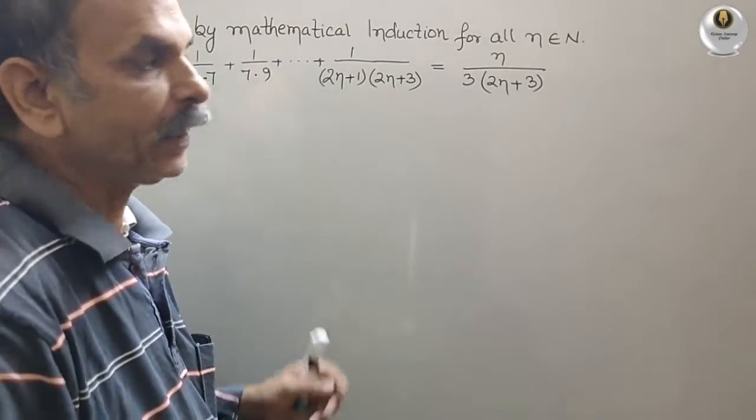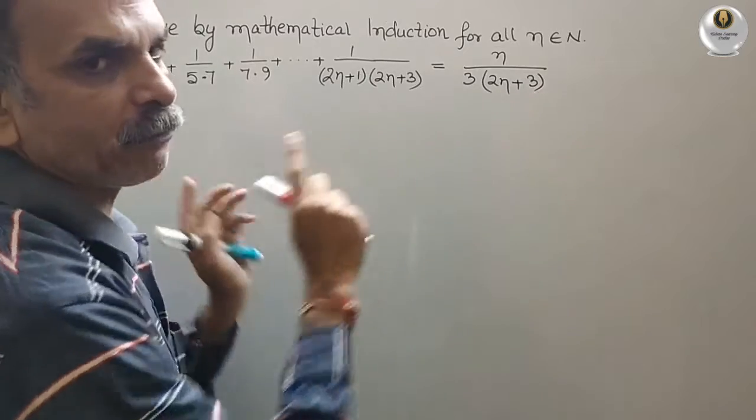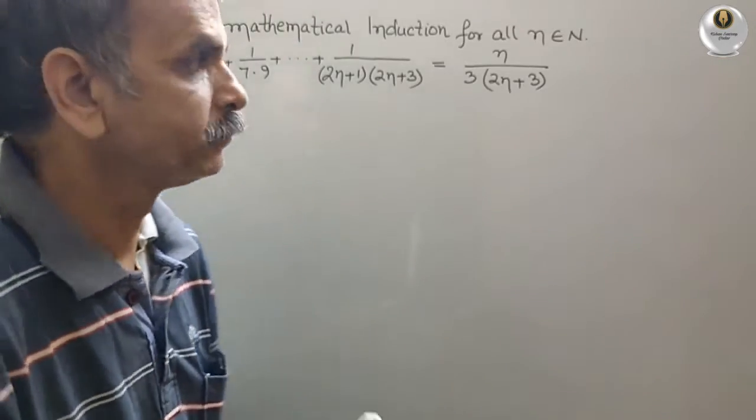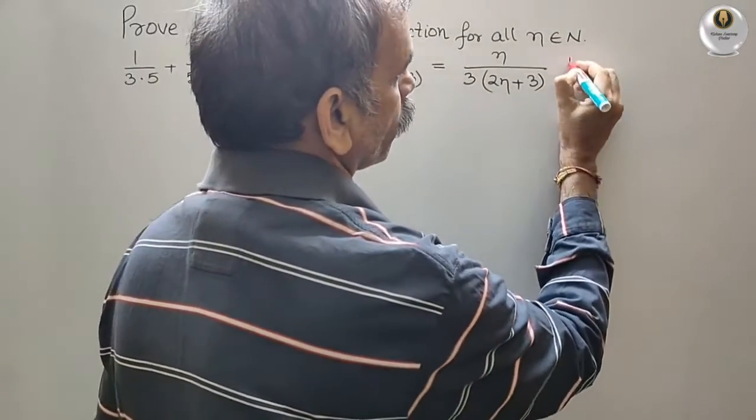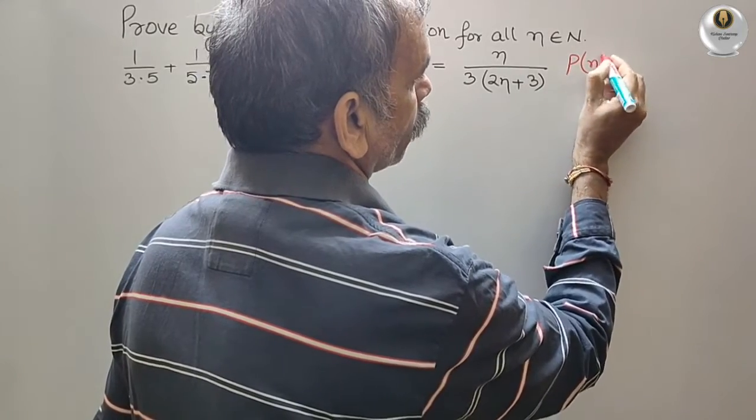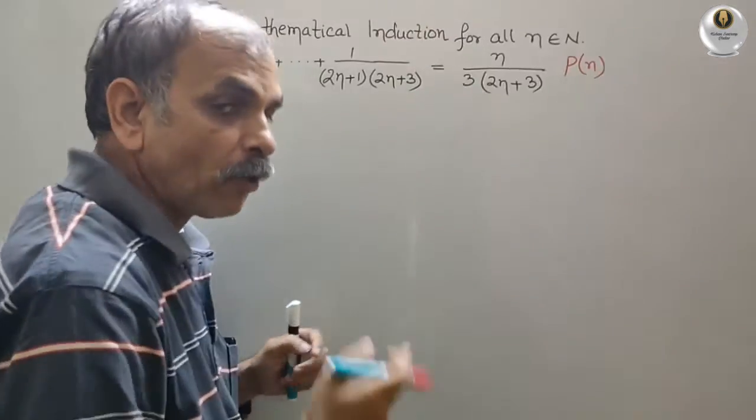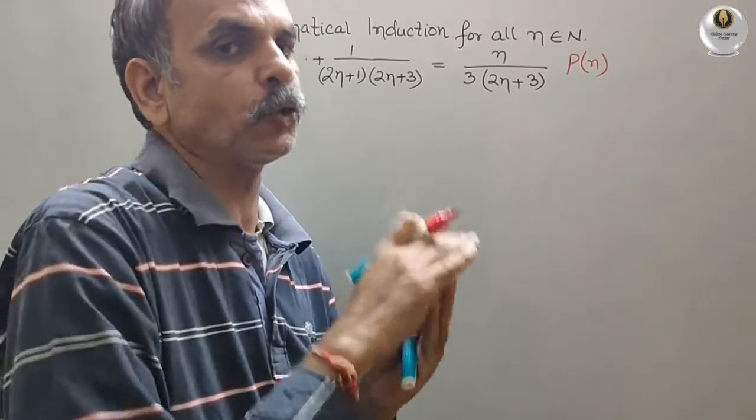So first we will take the whole equation as Pn. Now we have to prove that Pn is true.